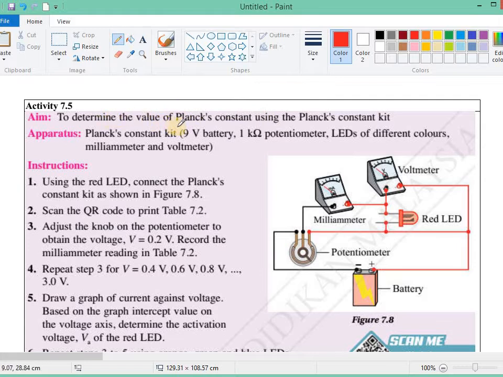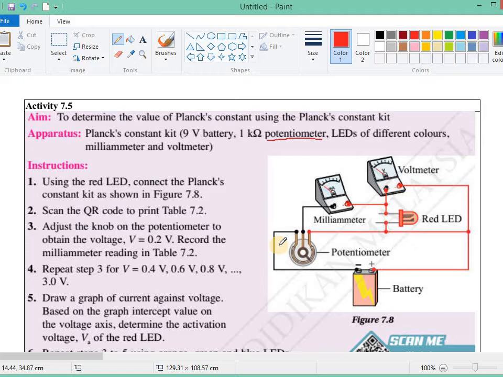Look at Activity 7.5: to determine the value of the Planck constant using the Planck constant kit. This kit consists of a 9 volt battery, a 1 kilo ohm potentiometer, LEDs of different colors, a milliammeter and a voltmeter. This potentiometer is basically like a variable resistance.